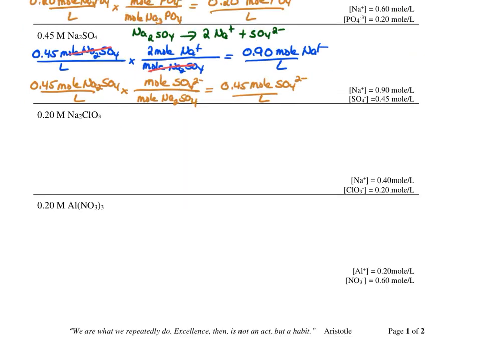Let's write our dissociation reaction. We're going to get 2 sodium ions and a chlorate ion in solution for each unit of sodium chlorate. So we start with the concentration of our solution.